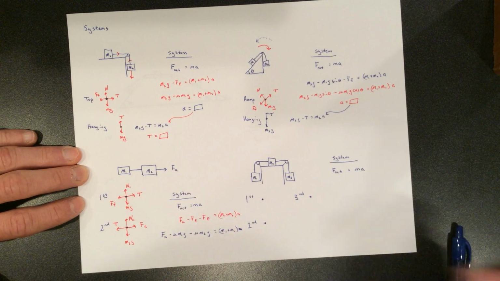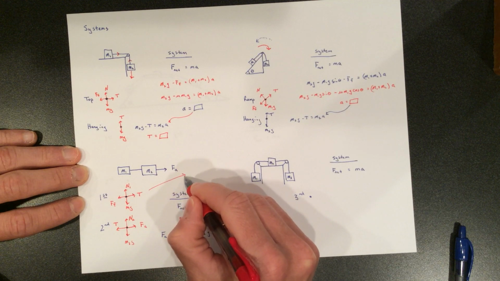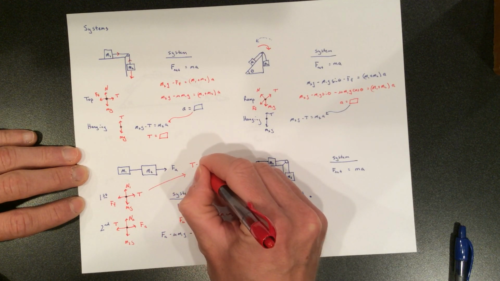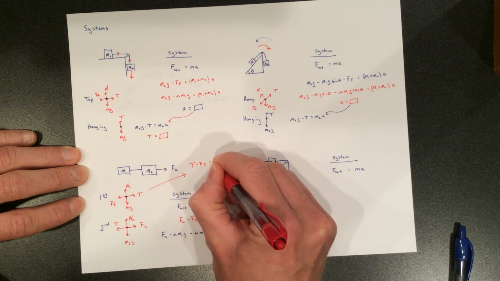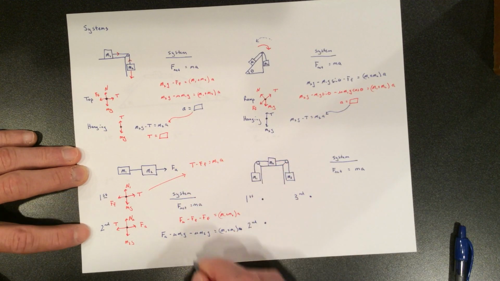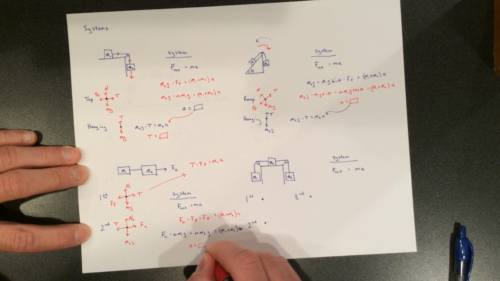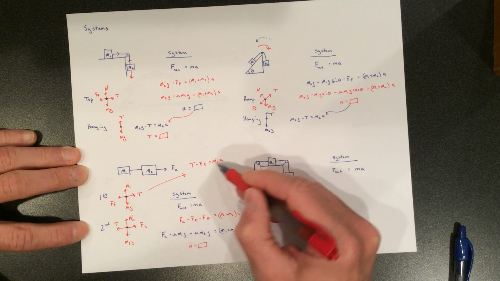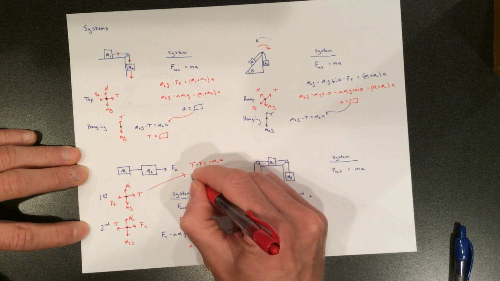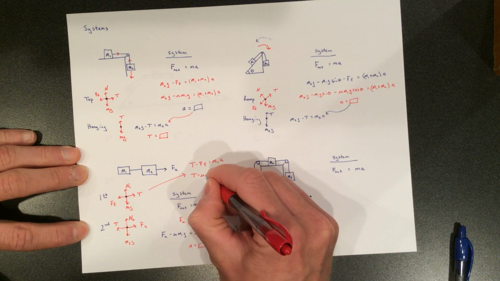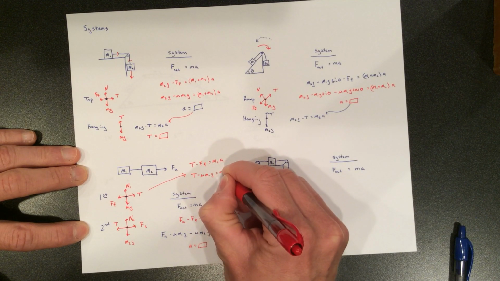So let's say we came back here and we looked at just box 1, T minus Ff equals just box 1's mass times the acceleration. But if you knew the acceleration, you could put it in here to find the tension, because you knew the tension minus friction equaled ma.